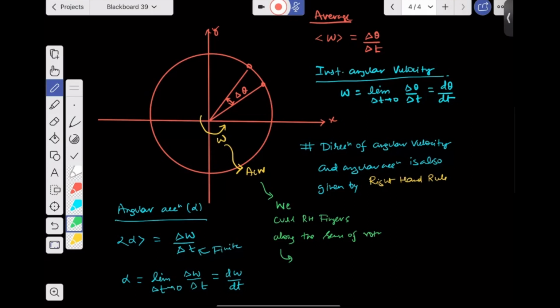In doing so, whichever way the right hand thumb points, that is the direction of the vector. In this example, the sense is anticlockwise, so the direction is going to be plus z.